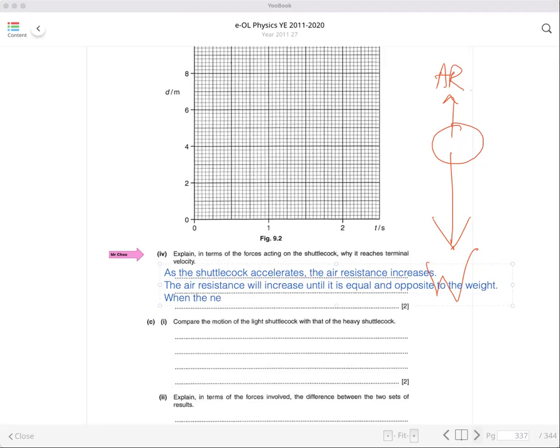So when the resultant force is 0, there will be no more acceleration. Thus, terminal velocity is reached. Is that clear?